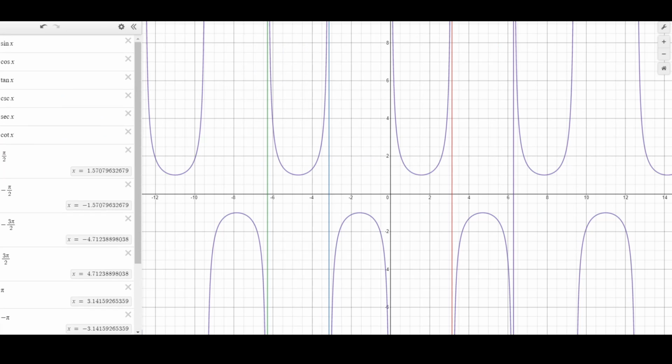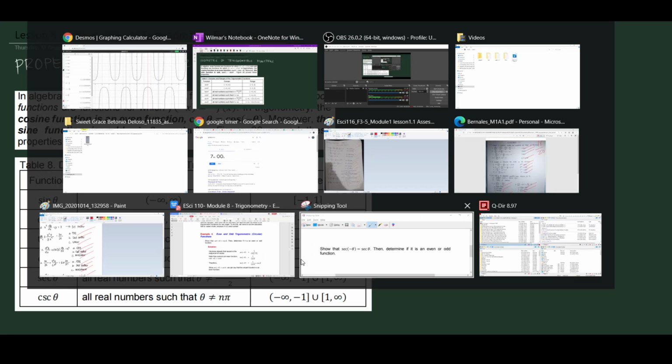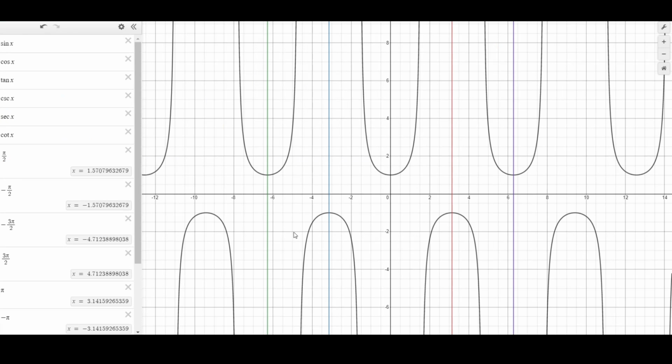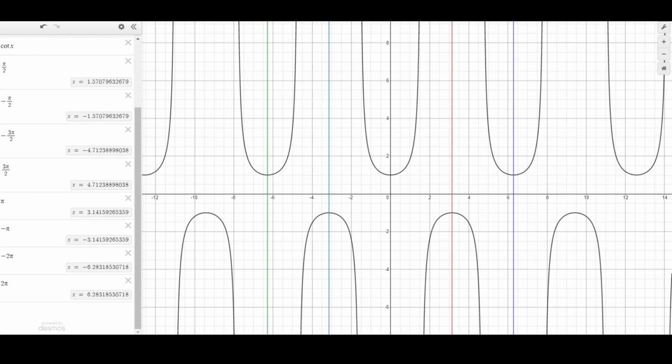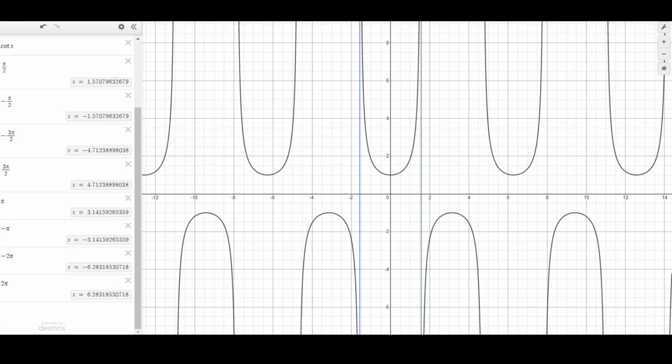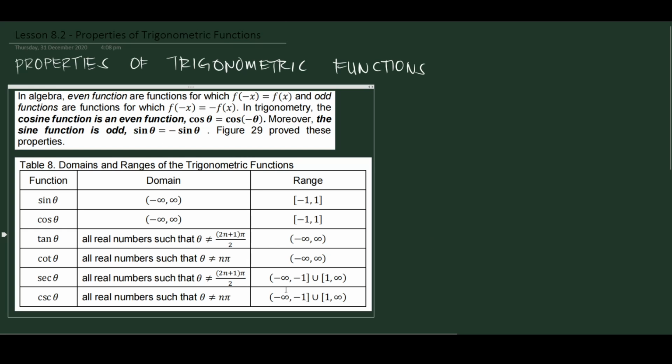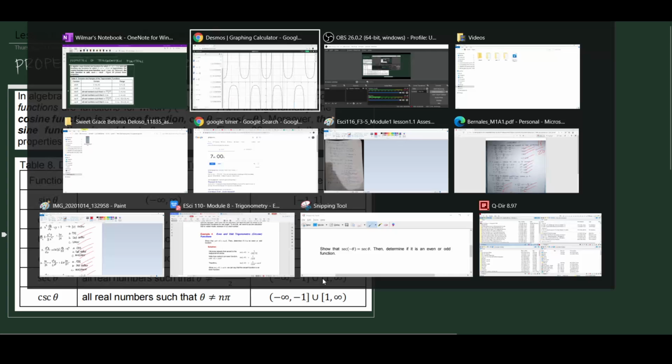Okay, so that's cosecant, and let's take a look at secant. Secant has the same asymptotes as the tangent. Let's see if that is really the case. As you can see here, they have the same asymptotes and the range is different. The range for secant is the same as the cosecant.